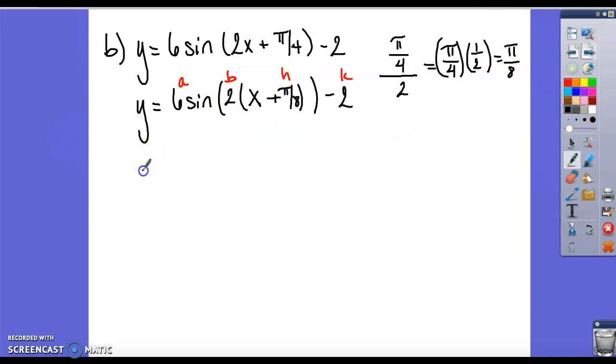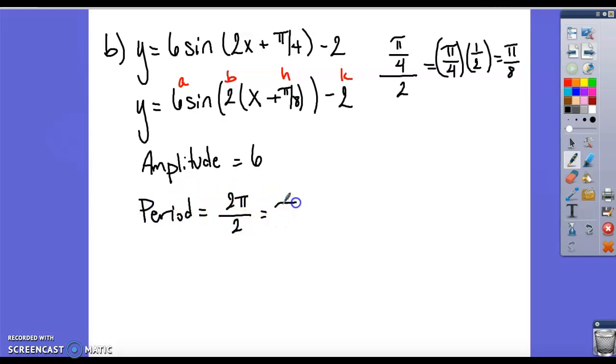So amplitude is the absolute value of A, so that's positive 6. Period is 2 pi over the absolute value of B. B is 2, so that's pi. My phase shift, I've got to change the sign.